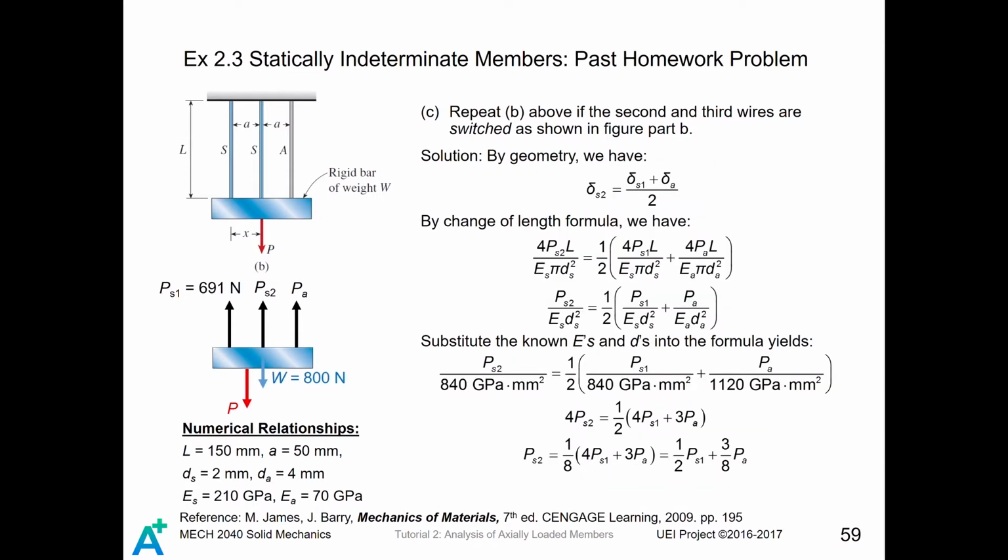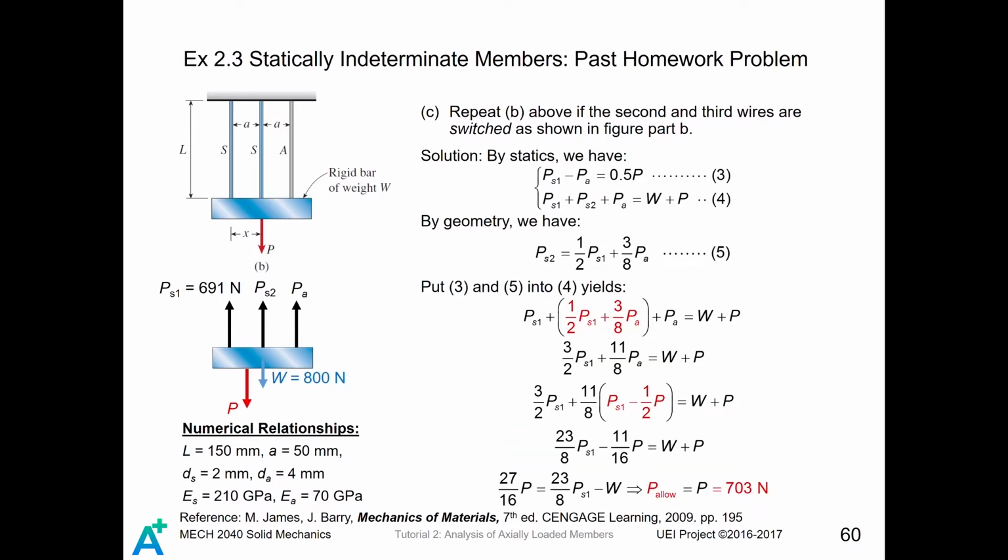Rather similarly, we apply the change of length compatibility and put our change of length formula into this compatibility equation. We simplify this equation and substitute the values into it. We do a lot of calculation and simplifications to get the expression of PS2 in terms of PS1 and PA, while PS1 is a known quantity because it is said to be 691 newtons.